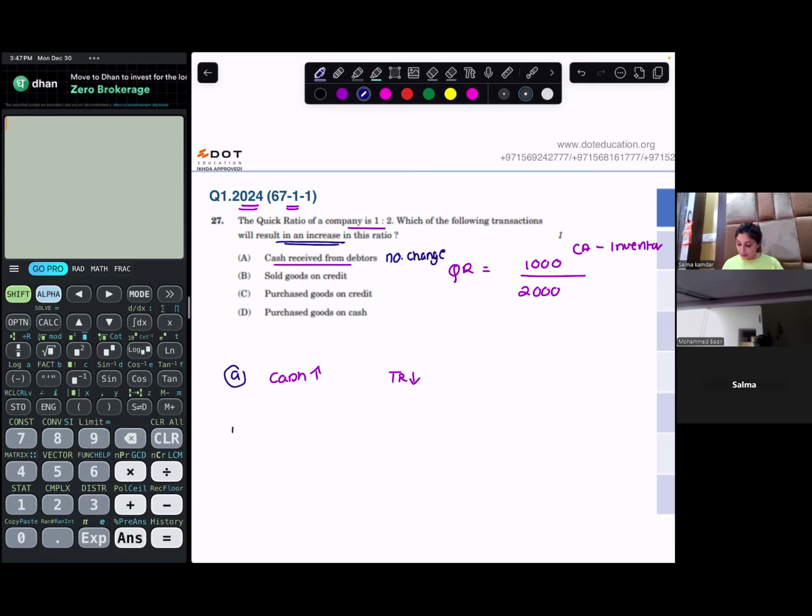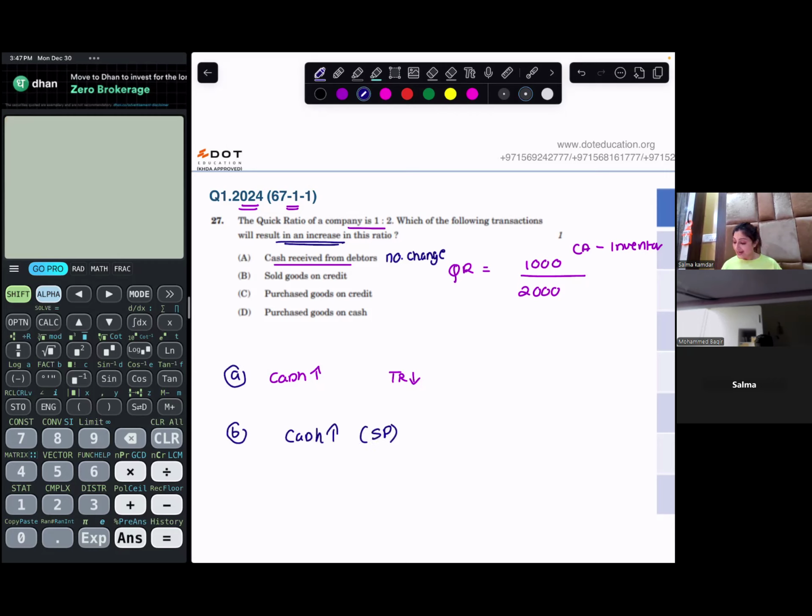Sold goods on credit. What will happen? The goods have been sold. Cash will not increase, because it's sold on credit now. So the trade receivables will increase with the selling price.